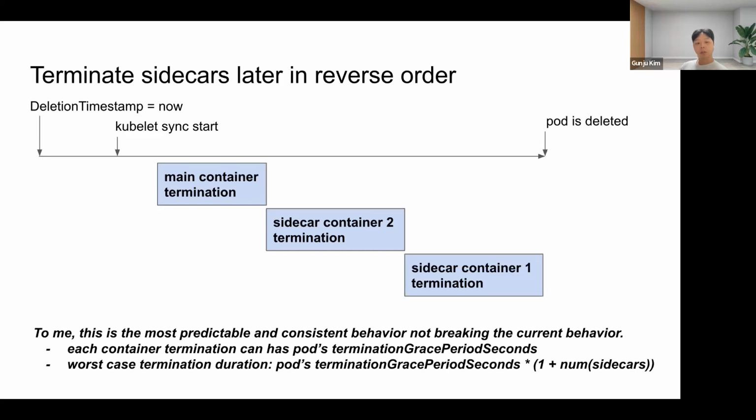In the worst case, we will get a much longer termination grace period in terms of the pod, but that is the current behavior. So if we don't want to break the current implementation, I think we need other ways to handle it, like introducing new fields for this.